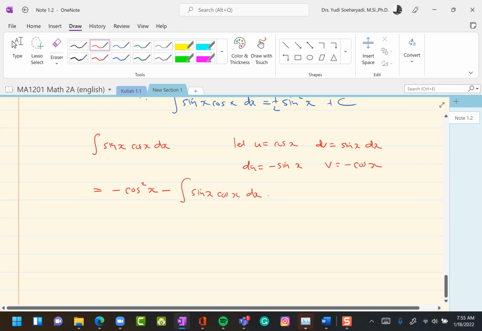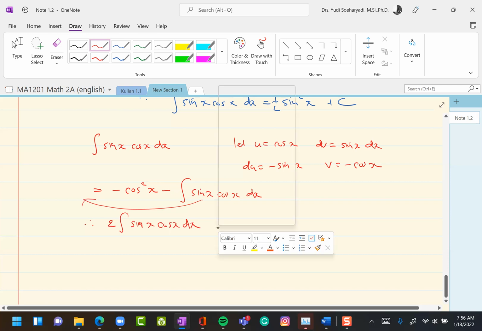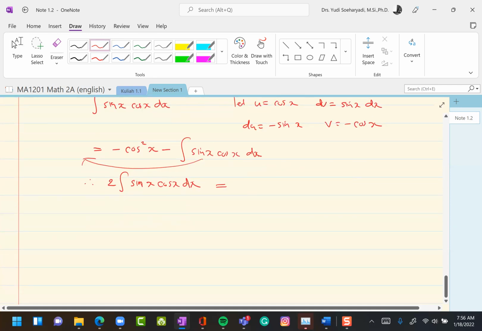But we have a negative sign here, so you put this back on the left-hand side, twice this integral.